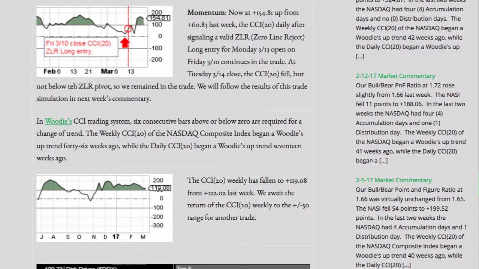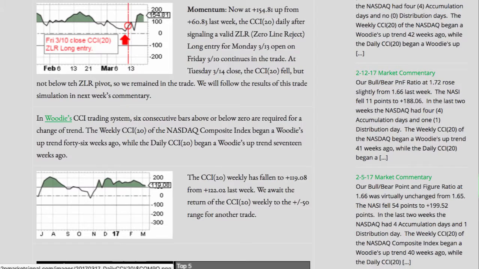In Woody's CCI trading system, 6 consecutive bars above or below zero are required for a change of trend. The weekly CCI 20 of the Nasdaq Composite Index began a Woody's uptrend 46 weeks ago, while the daily CCI 20 began a Woody's uptrend 17 weeks ago.